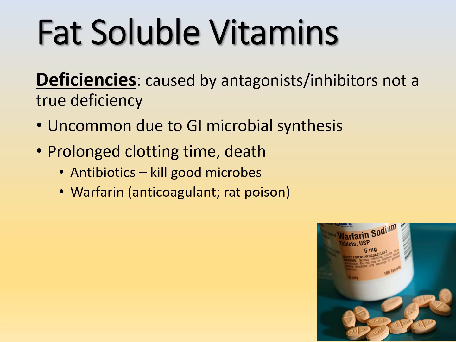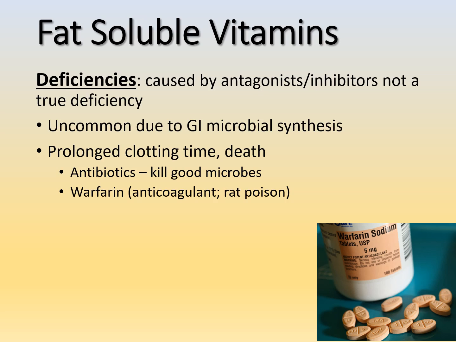So even if you were to not eat a leafy green and not get that dietary source of vitamin K, you would still have a microbial source of vitamin K. So what do we see with these antagonists or inhibitors? And that's prolonged clotting time. So essentially you're unable to clot your blood, which is coagulation, so anticoagulants, but you do see death as well if it's bad enough.